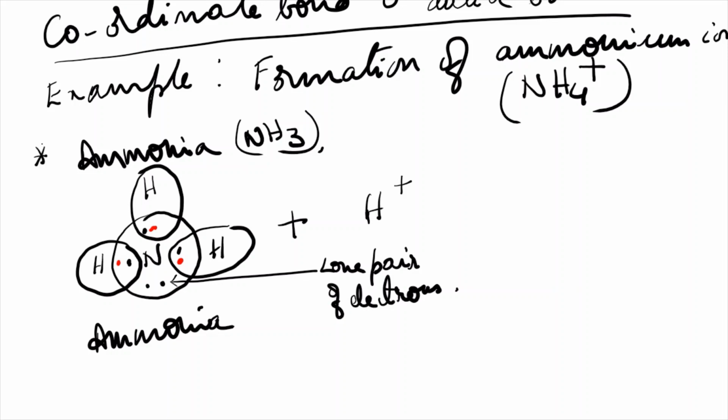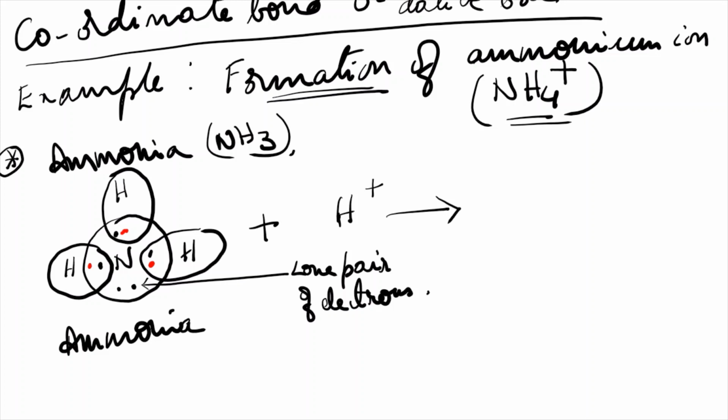So the shared pair of electrons between ammonia and hydrogen ion is contributed only by the ammonia molecule. As I was telling you, this formation of ammonium ion is very important. This is the ammonia molecule which I have already discussed in covalent bond. This extra electron pair is called the lone pair of electrons. The hydrogen ion accepts this lone pair of electrons, forming NH4 plus, or ammonium ion.